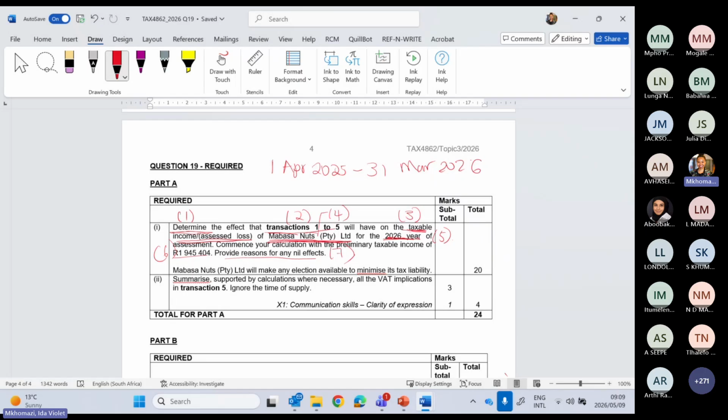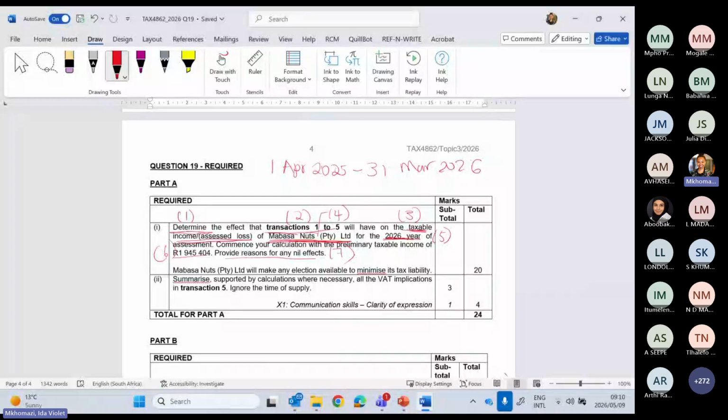And maybe while I'm on this part, we often get a question about references to legislation. As you read this required, there is nowhere where we say provide references to legislation. You only provide references if you are required to. If you are not required to, then you don't have to write them down. You will see that sometimes or most times in our solutions, we actually put down the references, but we are only doing so for learning purposes, okay?